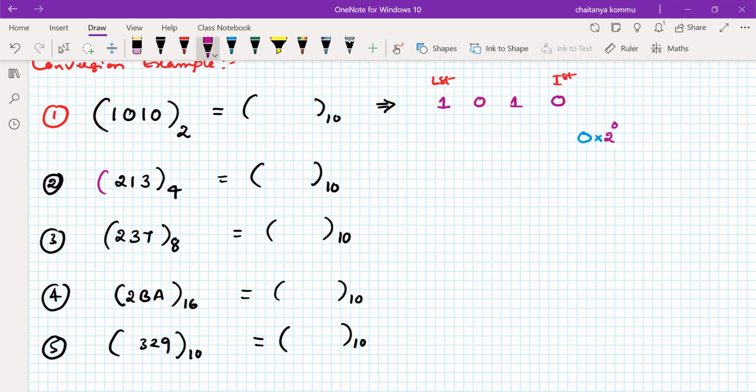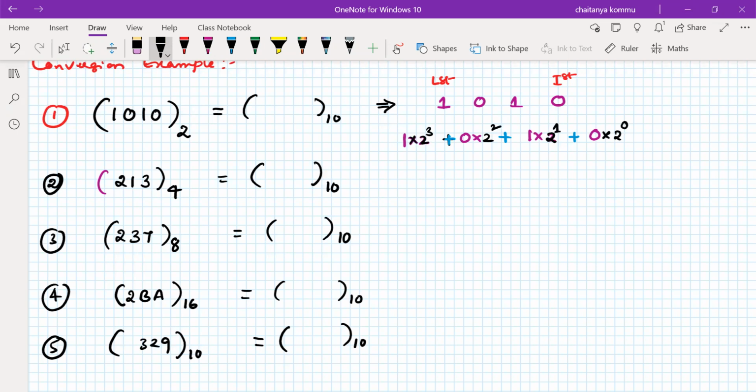So 0 is multiplied with 2 power 0, plus 1 is multiplied with 2 power 1, the first position, plus 0 is multiplied with 2 squared, plus the last one, 1 is multiplied with 2 power 3.